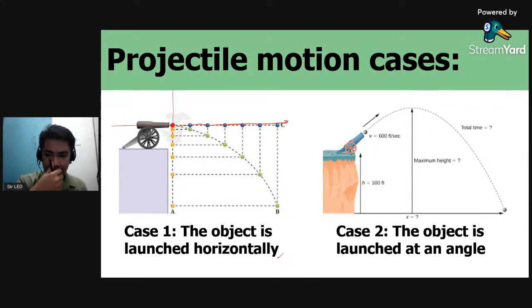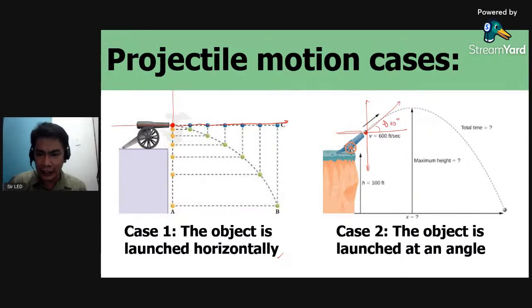Case number two, the object is launched at an angle. So consider this particular example. Let's say this is the point of release, and we put this in the Cartesian plane. This cannonball is launched at a particular angle, let's say 30 degrees.